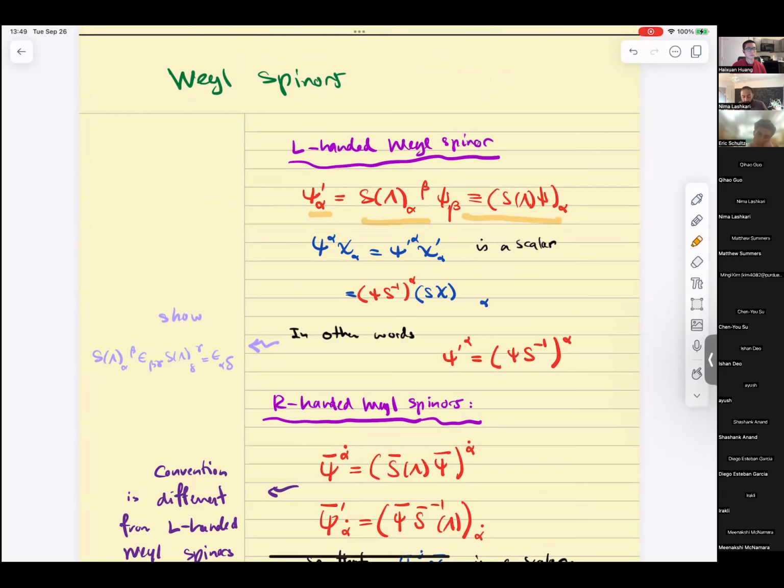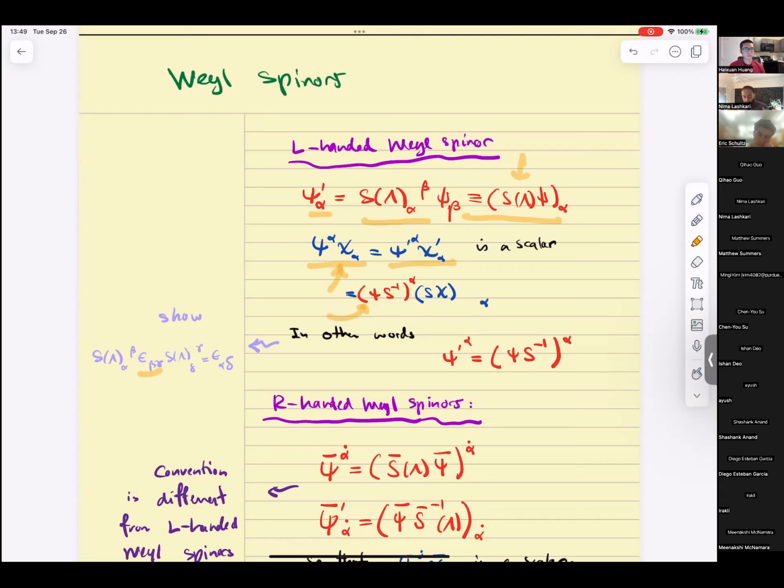Index-free notation, right? Now we know that ψ^α χ_α, with ψ^α raised using this epsilon tensor, is a Lorentz scalar, so it should transform like this. If χ_α lower transforms by multiplication of the representation S on the left, then ψ^α upper will transform with multiplication on the right by S^{-1}.